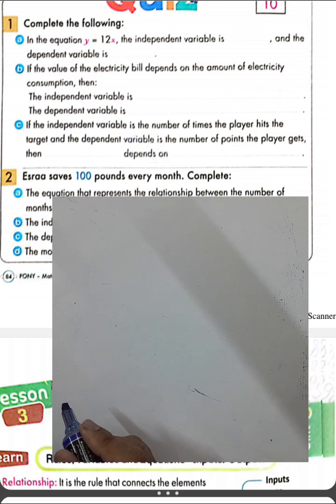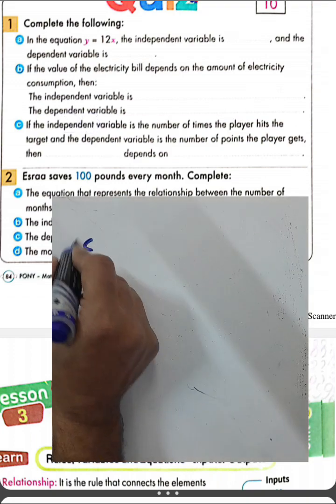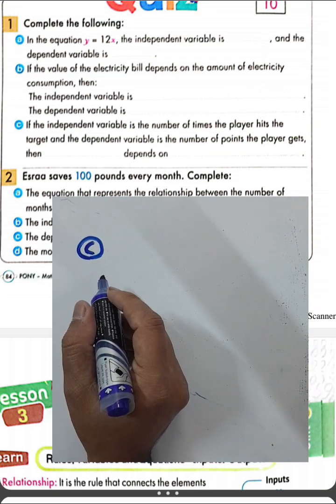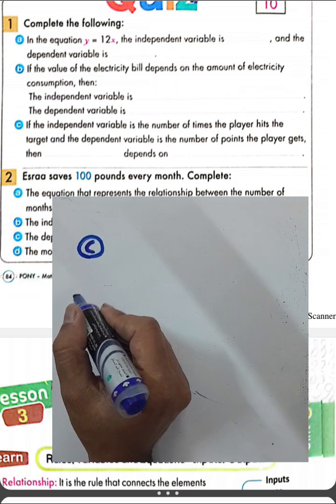So the independent variable is the number of times the player hits, in the second space, and in the first space we write the number of points he gets. So the dependent will be the number of points he gets, right?